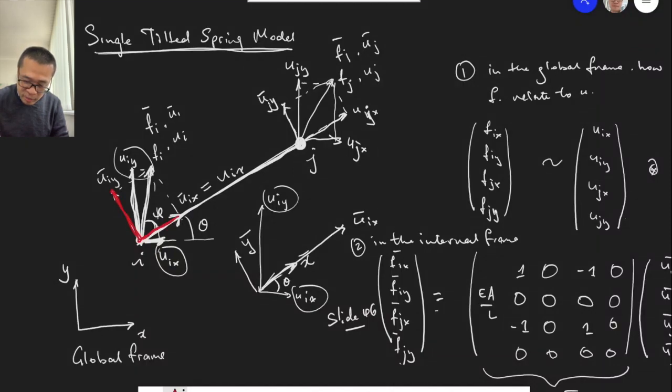I can set up a relationship between this red component and this blue component, from which I can work out the stiffness matrix of the whole thing. So that's the basic idea behind this exercise.